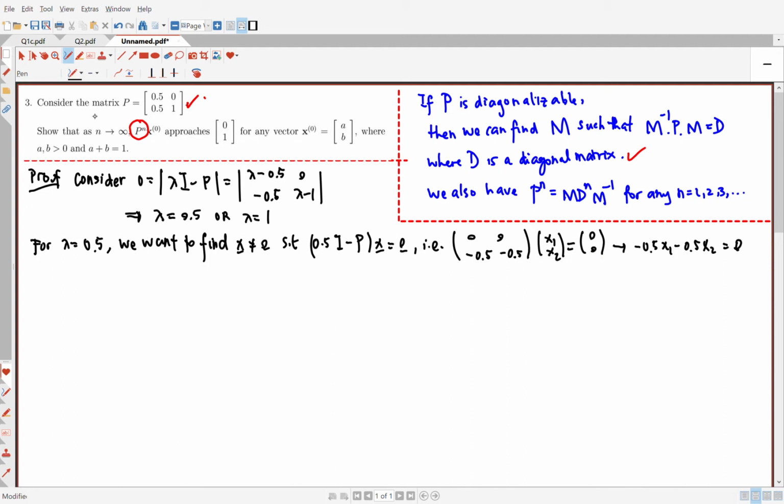Imagine if I let x2 be a free parameter, I can express x1 in terms of that free parameter. So let's say I let x2 be t, which is a free parameter, then x1 is just minus t, because from here you know that x1 plus x2 is equal to 0, which means x1 is equal to minus x2.